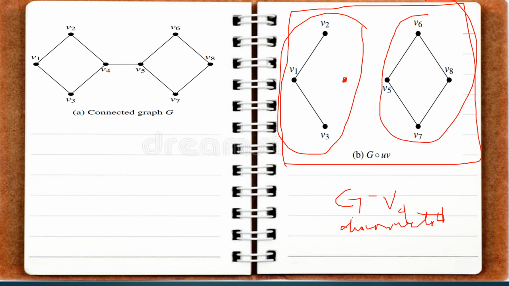By the definition of a disconnected graph, G minus V4 is a disconnected graph. And by the definition of a cut vertex, we can say that V4 is a cut vertex.